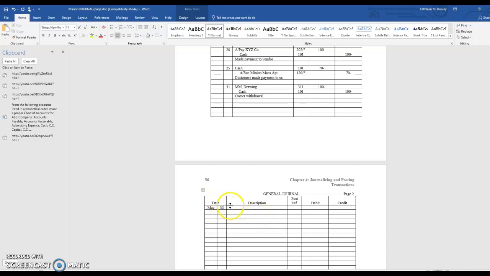Adjustments are done on the last day of the month. Okay, and we said we were going to debit supplies expense, and that was for 90. And we're going to credit. Credits come second, indent. Mowing supplies, the asset, credit that for 90. Okay, and that shows us how many supplies used in May.